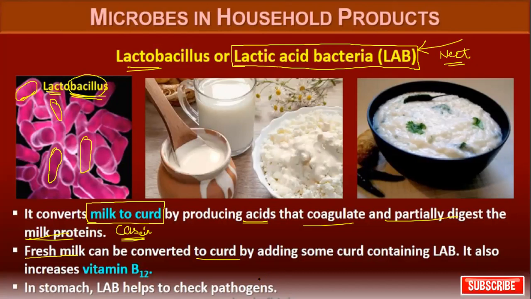That small amount of curd that you add into the fresh milk is called the inoculum. Inoculum contains millions of Lactobacillus bacteria. That's why it helps in the easier conversion of milk into curd.